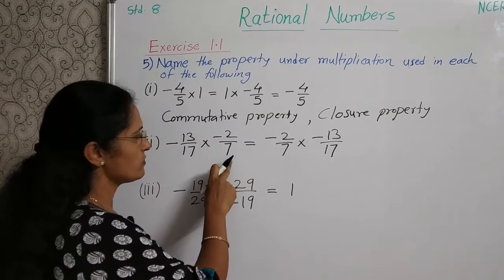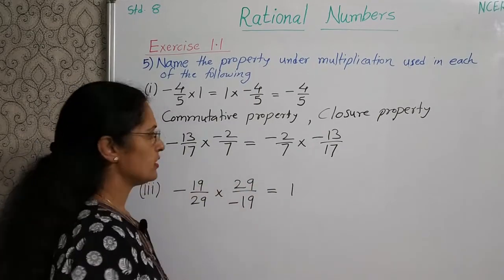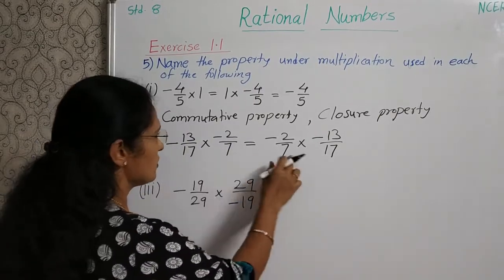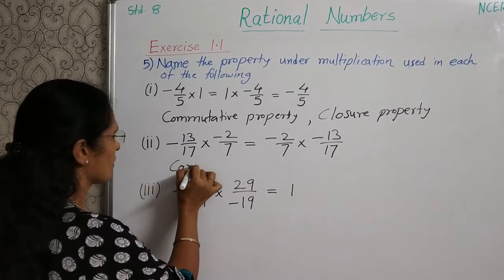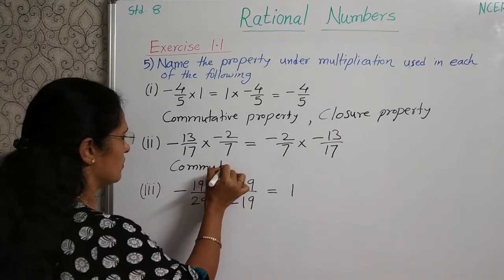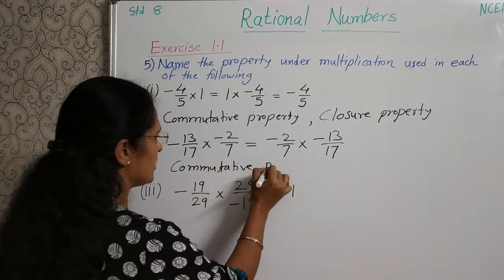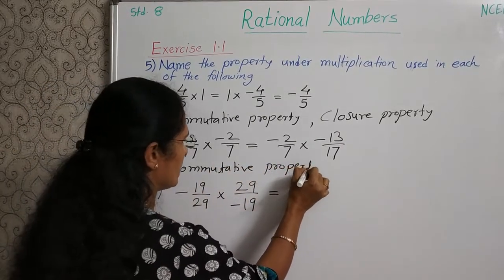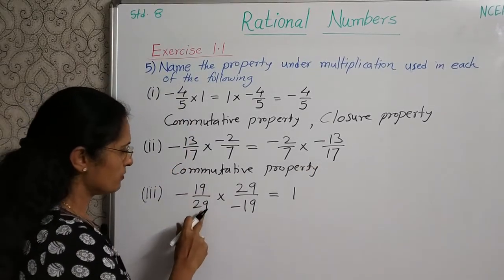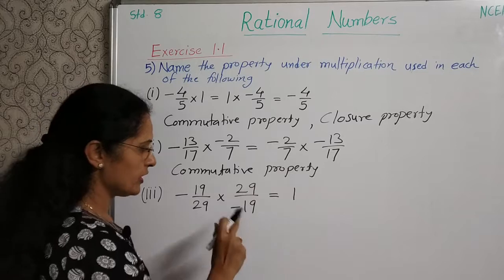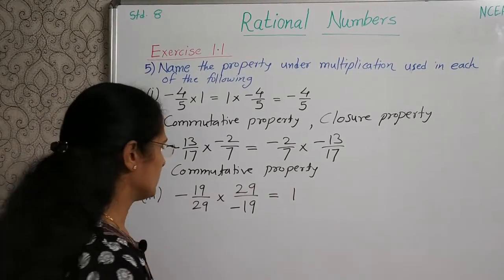Here at the second place minus 2 by 7, which is written at the first place. So this is commutative property.